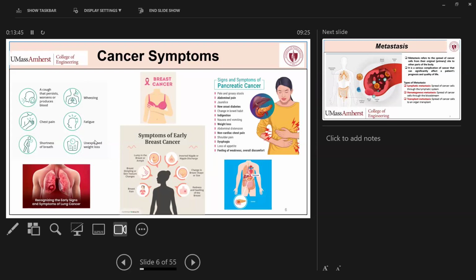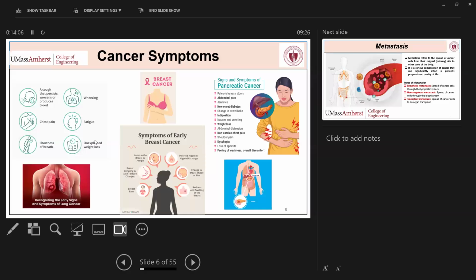And as I mentioned, one of the deadliest cancers with the lowest survival rate is pancreatic cancer. Pancreatic cancer symptoms are so vague, and there is no way that you say, I have pancreatic cancer.